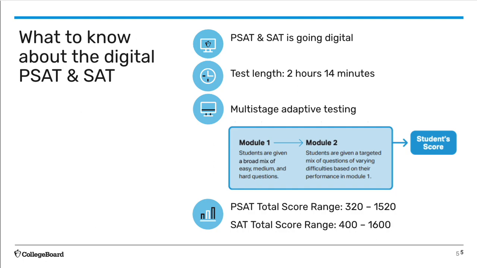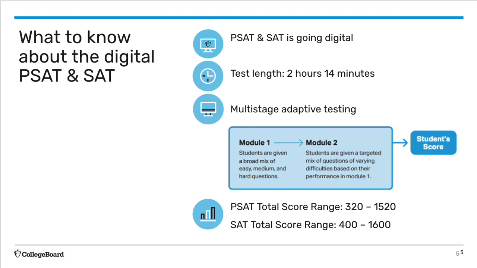And in multi-stage adaptive testing, what that means is that each test section is divided into 2 equal length separately timed stages. So in Module 1, students are actually going to get a mix of easy, medium, and hard questions, and that is going to allow students to demonstrate their achievement before moving on to the second module.